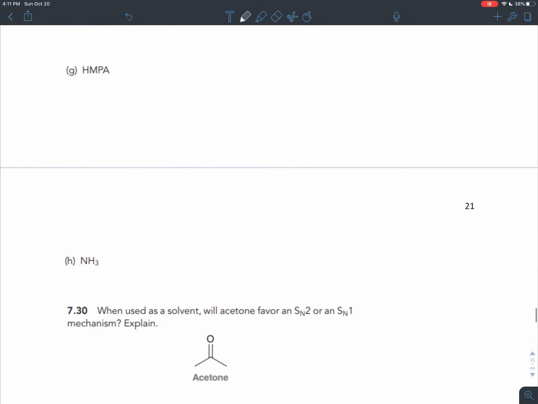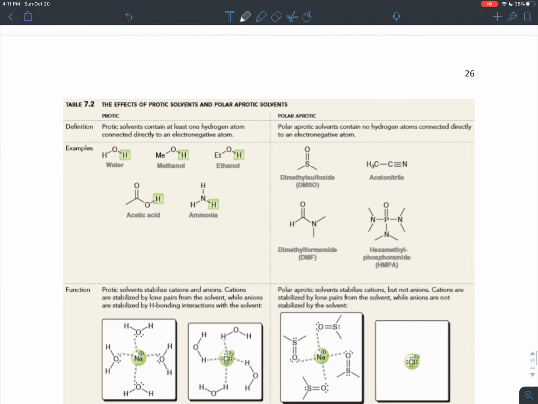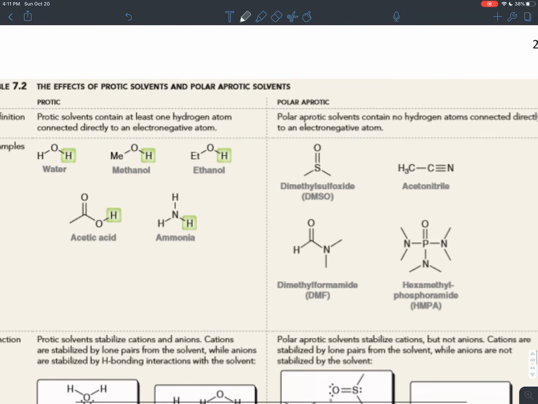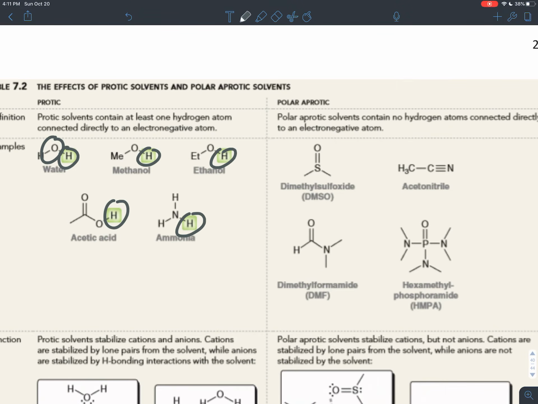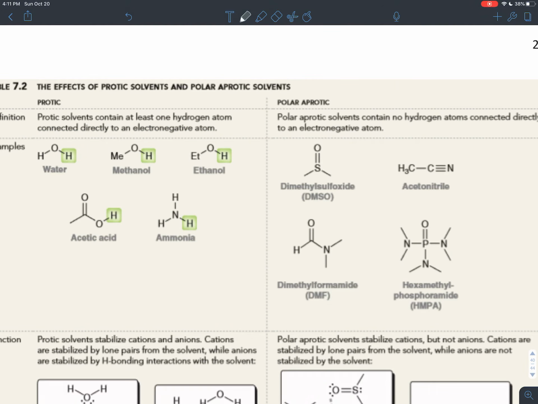Now, if they draw the molecule out for you, you should be able to tell whether it's protic or polar aprotic. You'll recognize protic solvents because they'll have a hydrogen bonded to an electronegative atom, either oxygen or nitrogen. So examples of protic solvents are water, methanol, ethanol, acetic acid, ammonia.